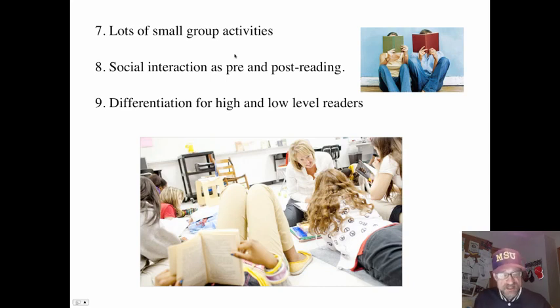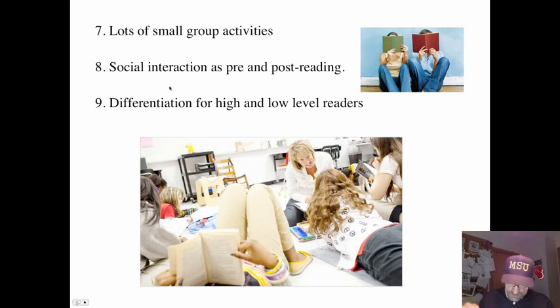Talk and social interaction are an important part of any literacy activity, but as well, it helps keep lower-level readers up with the story. Even though they may not have read or comprehended all of it, it keeps them engaged and helps keep them up on key events that happen in that chapter. So, social interactions, use them both as pre- and post-reading activities.